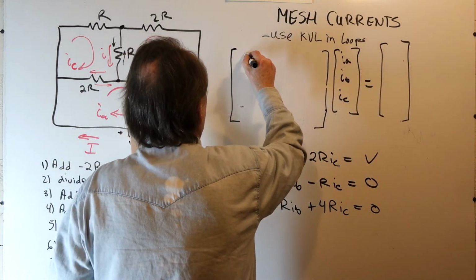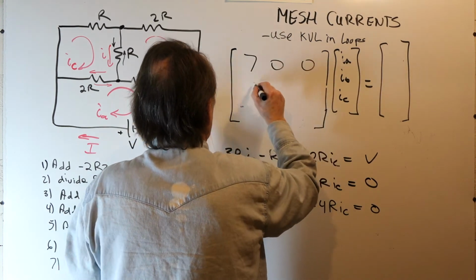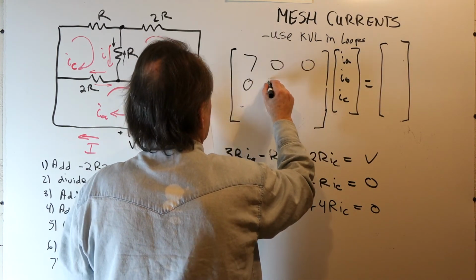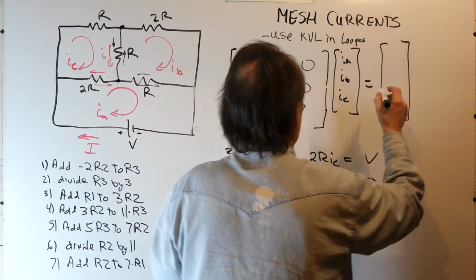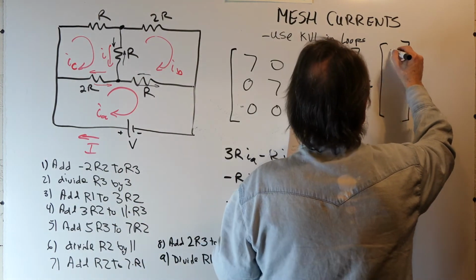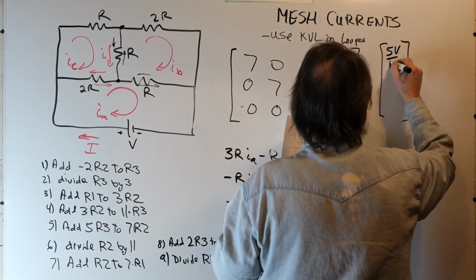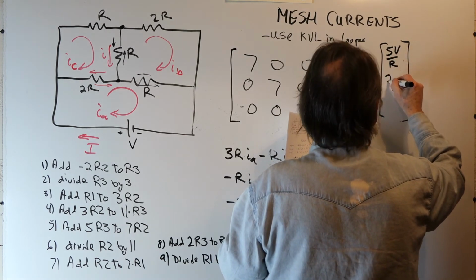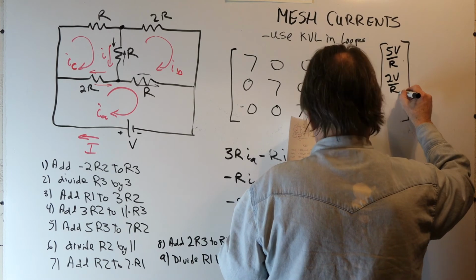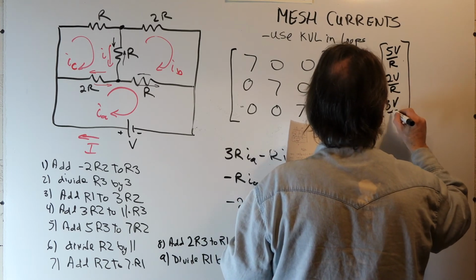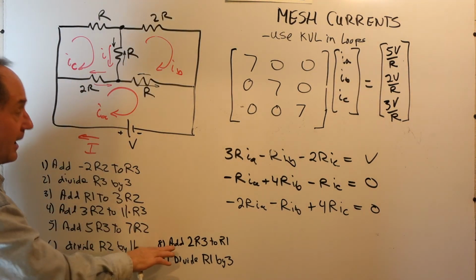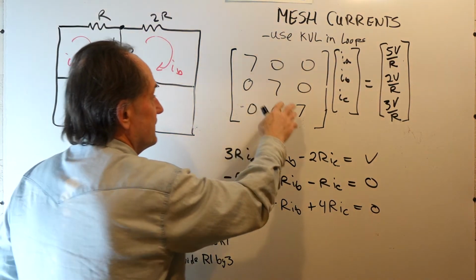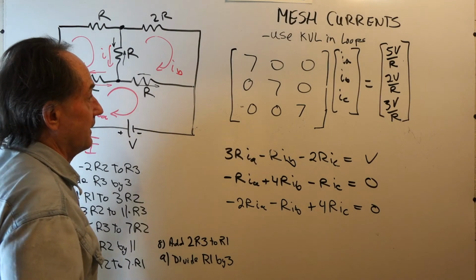It will come down to what is called canonical form. And that's after you perform all these row operations, all these steps, this is what the matrix will look like.